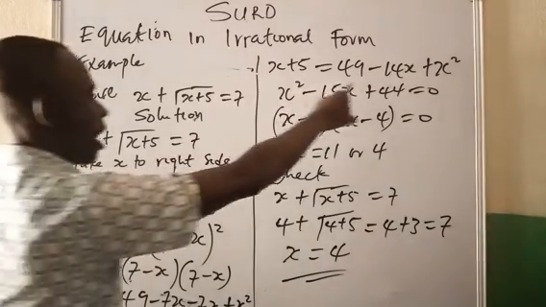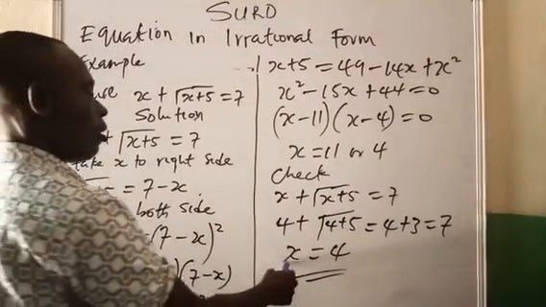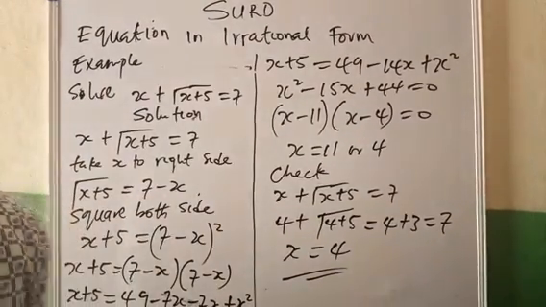So you factorize to obtain s is equal to 4.